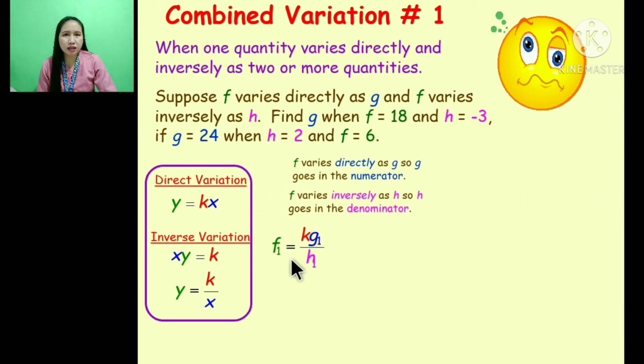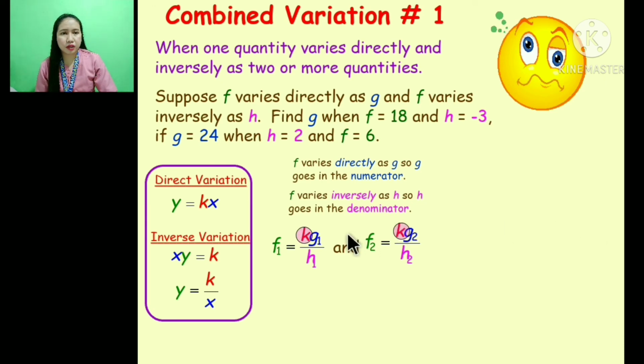F sub 1 is equal to k times g sub 1 over h sub 1. And f sub 2 is equal to k times g sub 2 divided by h sub 2.